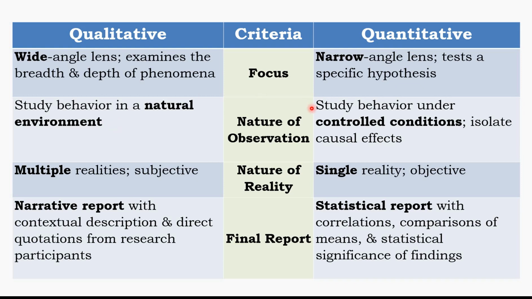However, when you conduct quantitative research, you study behavior under controlled conditions, like when you conduct your research in the laboratory. Conditions are being controlled, and you isolate causal effects.